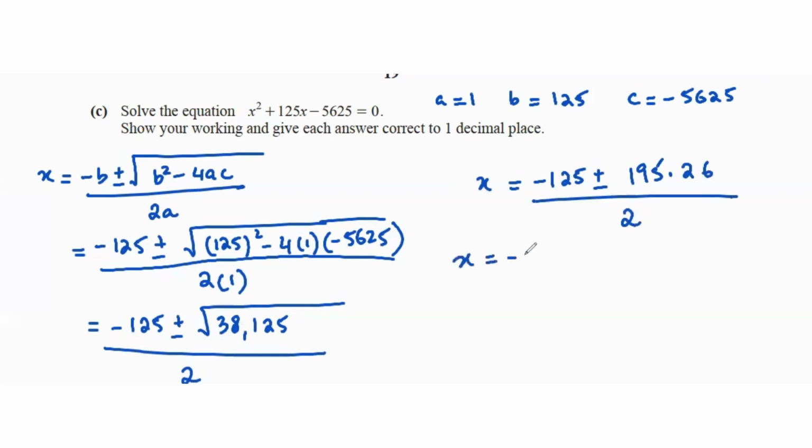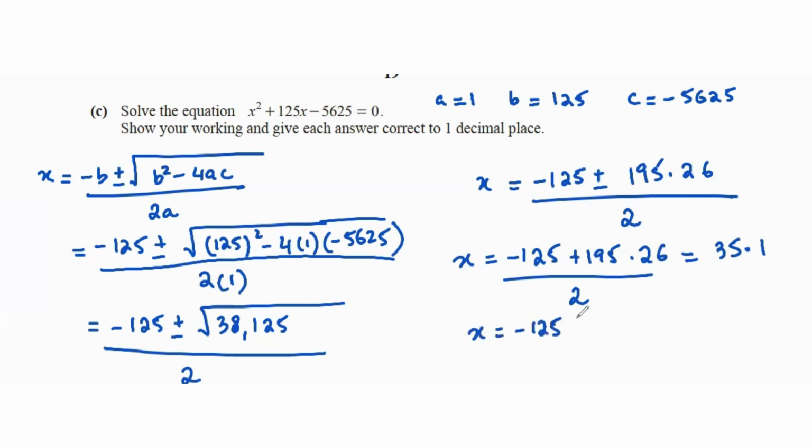So one value would be negative 125 plus 195.26, divided by 2, which will give us 35.1, and the other value would be negative 125 minus 195.26, divided by 2, which will equal negative 160.1.